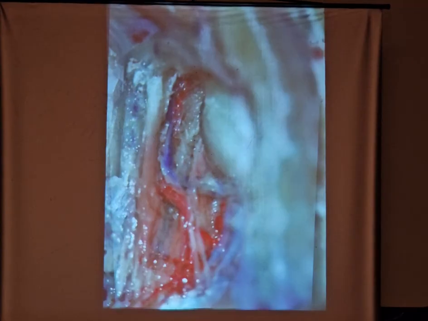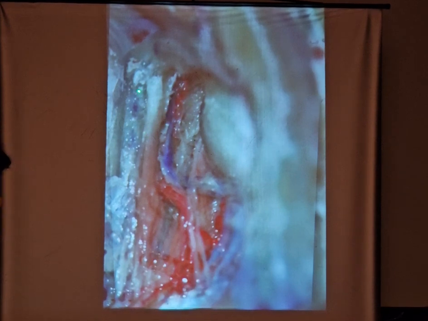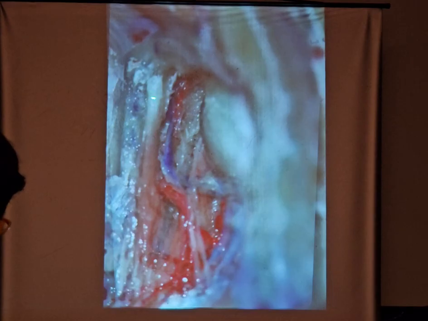We continue now with the vein, and we know that the beginning of the ophthalmic vein is made by the fusion of the angular and the frontal vein. Near the trochlea, again, trochlea is here, at the junction between the two parts of the superior oblique muscle.